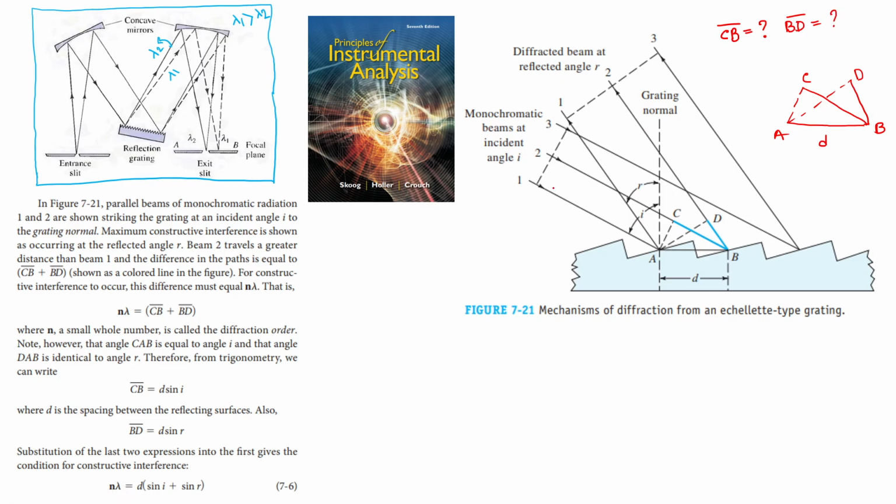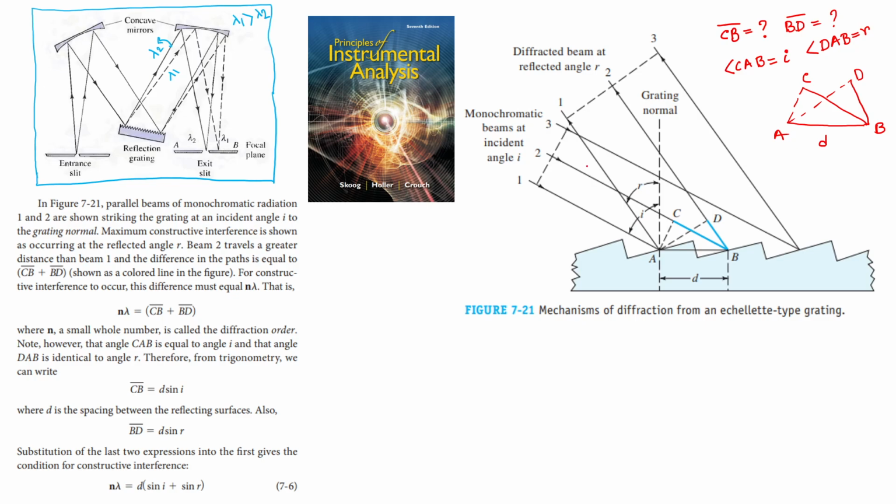If you see the geometry, you are going to see that angle CAB is also I, and angle DAB is R. I will show you how this is done. Even if it will take time, I will show you.